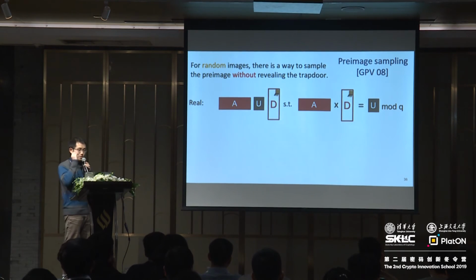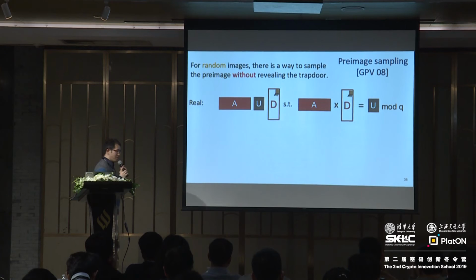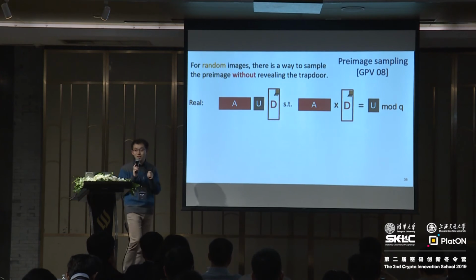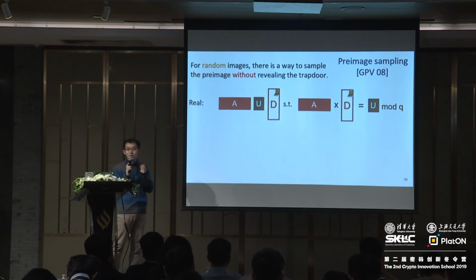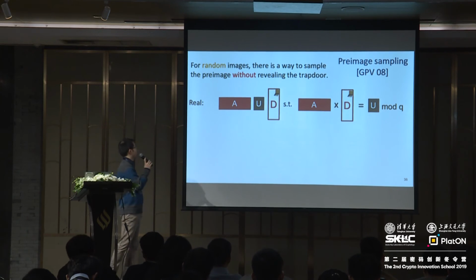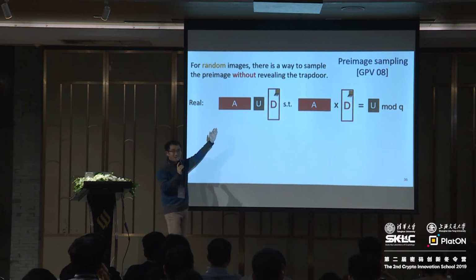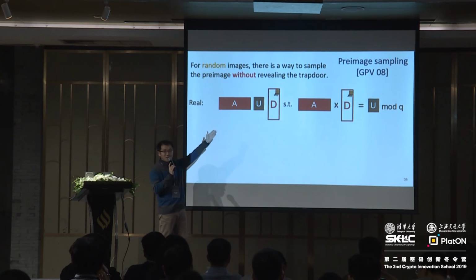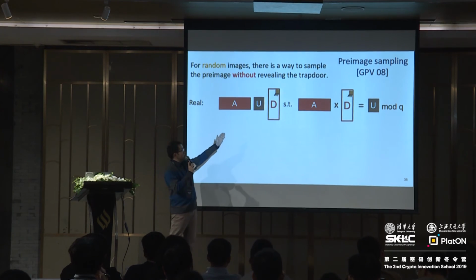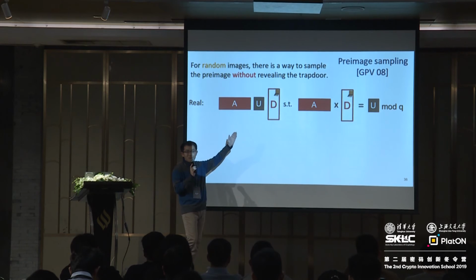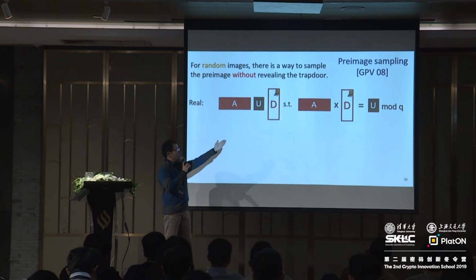Think about the real world, where you are supposed to find the preimage of a random target. It's very important that it's a random target. You're given a public matrix A and the random target U, and you use the trapdoor to sample the preimage D, such that A times D equals U.